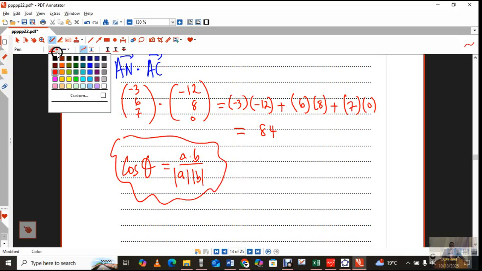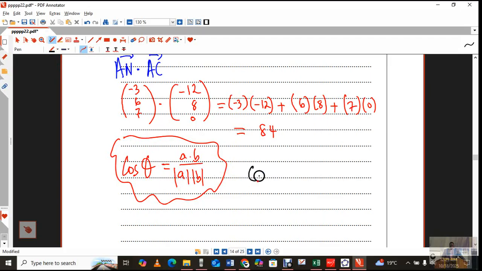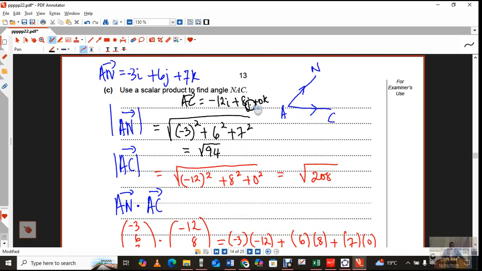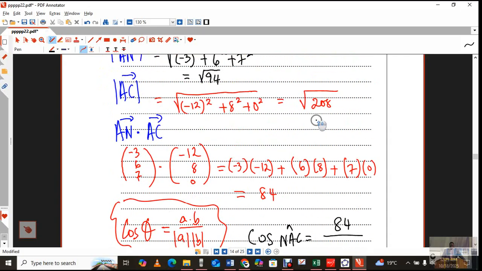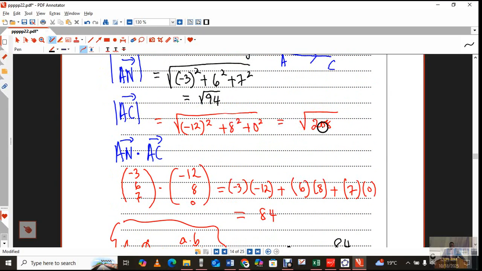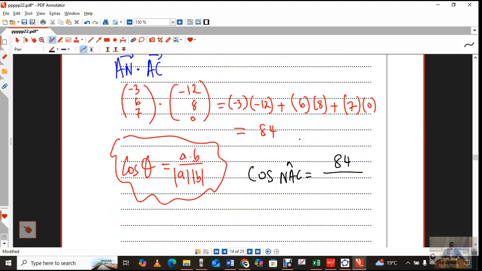So in this case, the cosine of angle NAC will be 84 over the square root of 94 times the square root of 208.